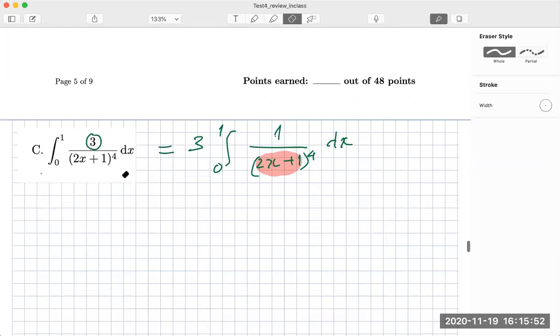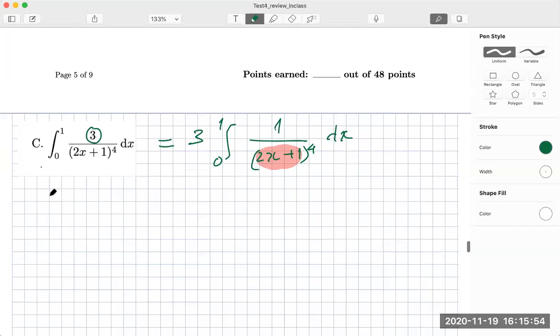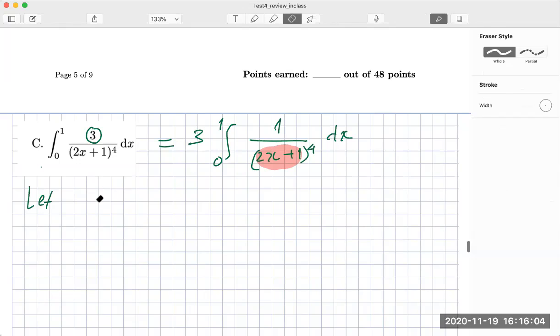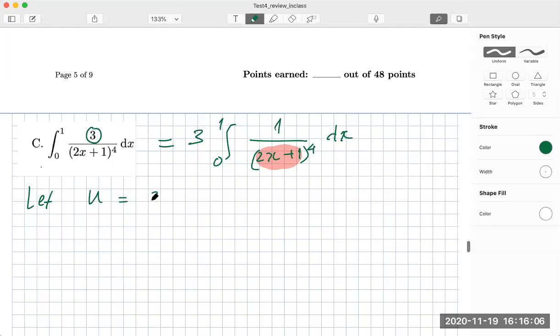So now if we replace it by a single variable, let us define u to be 2x plus 1, okay? So let us try. If u is 2x plus 1, what is du over dx?